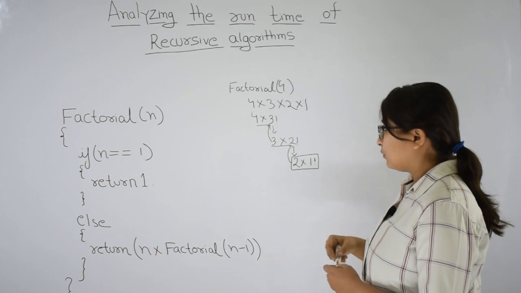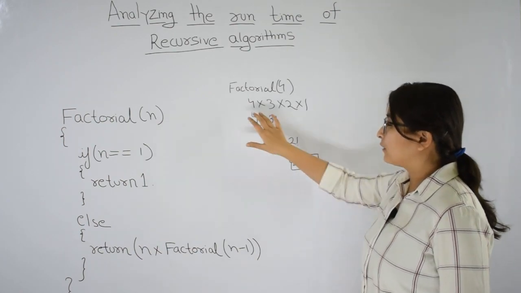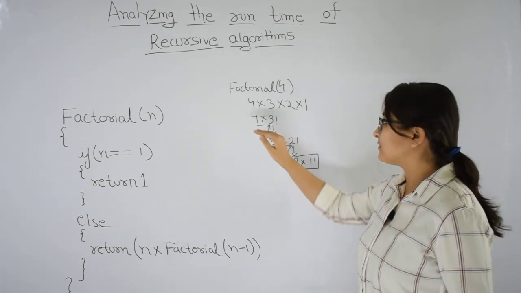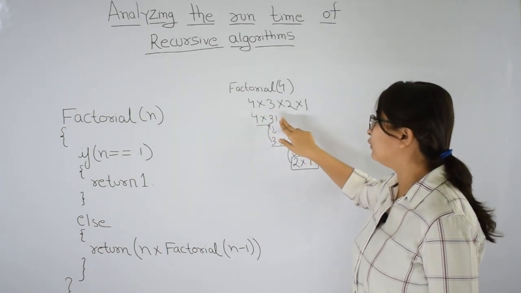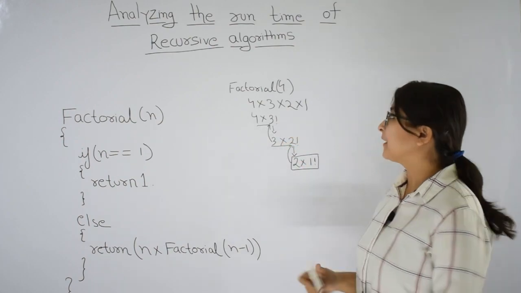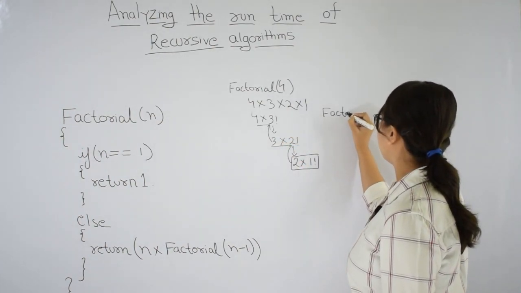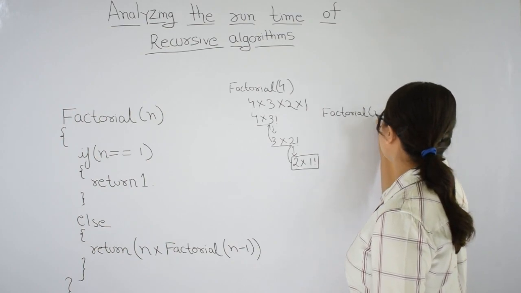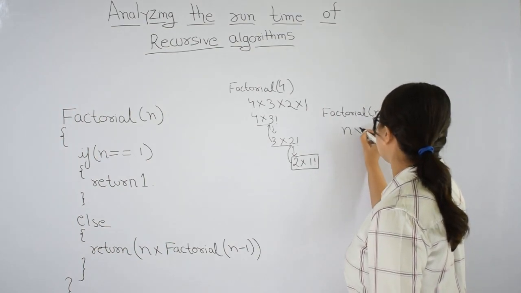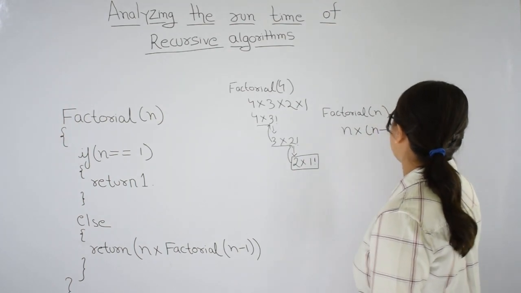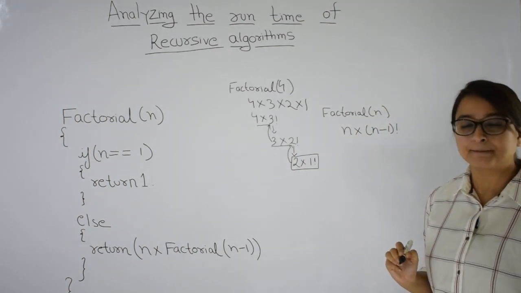So factorial of 4 could be thought of as 4 into factorial of 3. Which means that factorial of any number n is n into factorial of n minus 1.